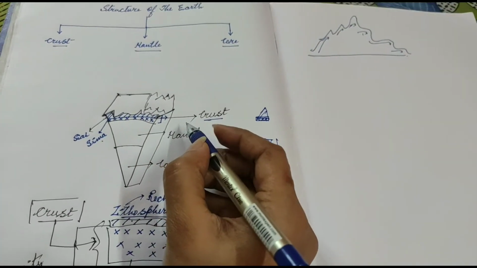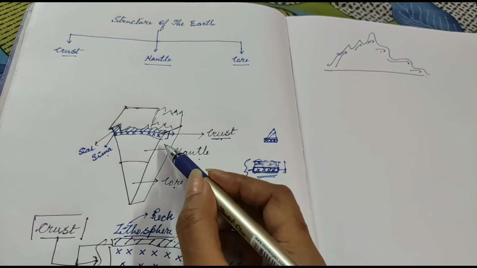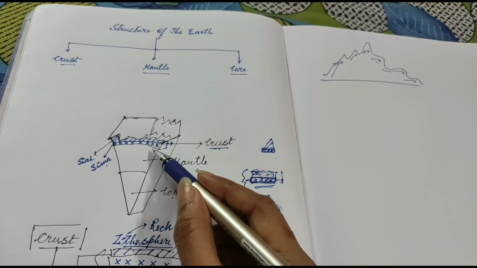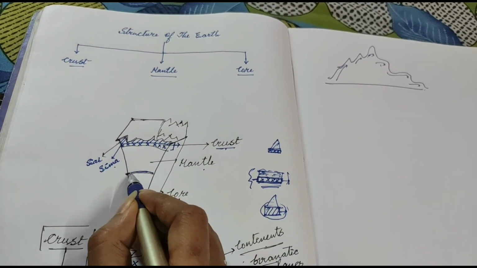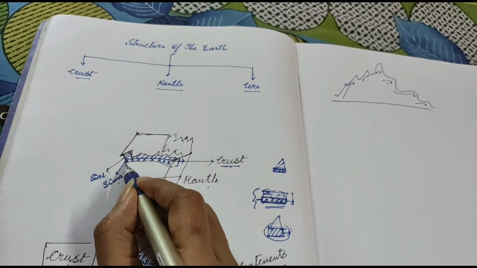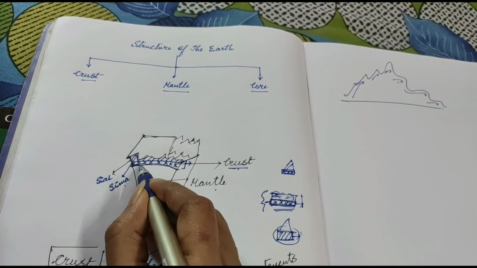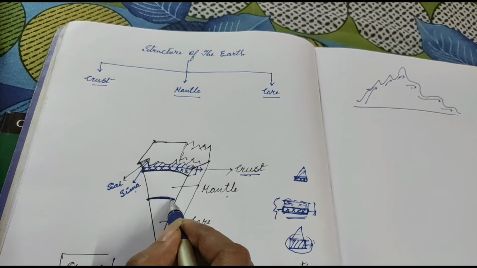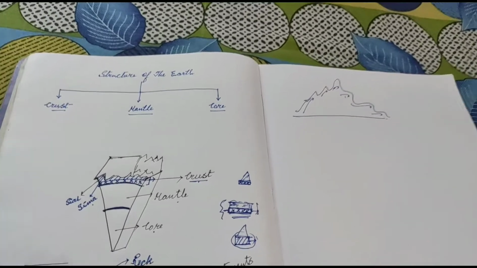part of the earth, like crust, mantle, core, in between each of the two parts, there is one line, like that line. It's the boundary line. Here, if I draw a bold line, there are two.